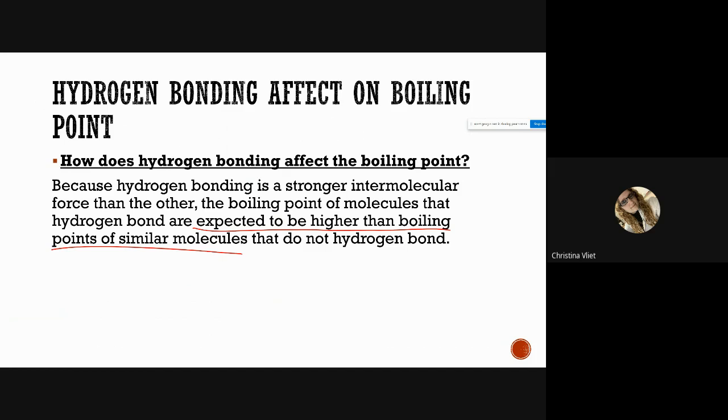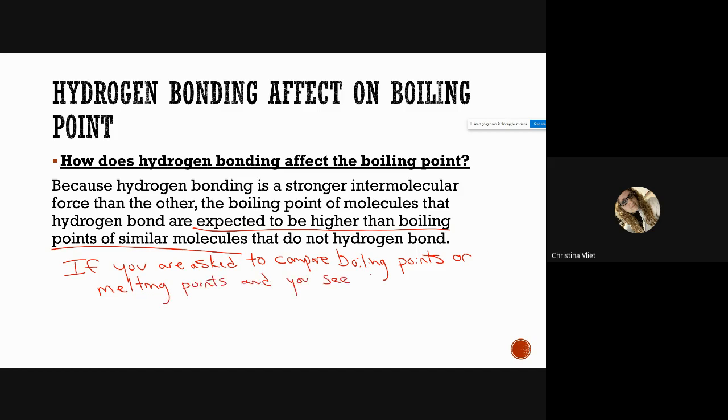So if you have a question where you're being asked to compare boiling points or melting points, and you see H with F, O, or N, why will the molecule with H and F, or H and O, or H and N have the way higher boiling point?